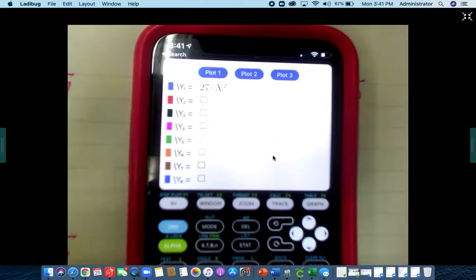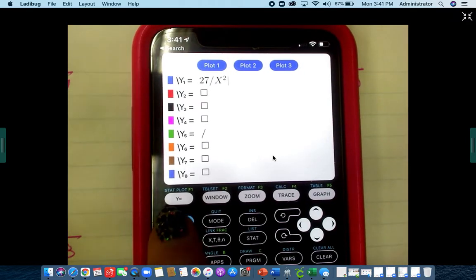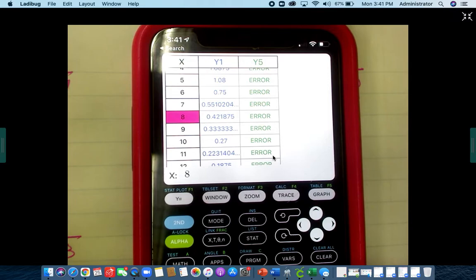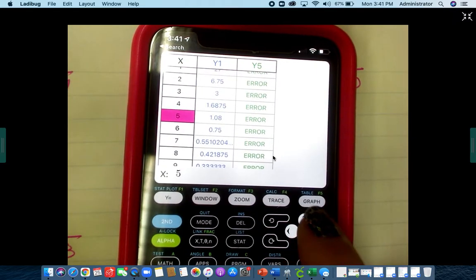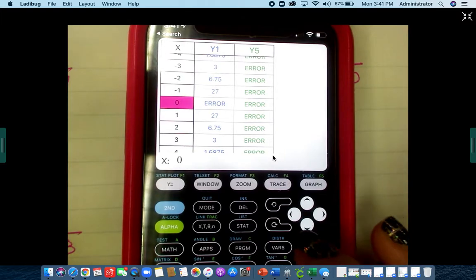And our job is to look for what? The last integer ordered pair. Now I'm going to press second and then the graph button to go to my table. And I like to start back up here at 0. And my job is to look for the last whole number ordered pair.